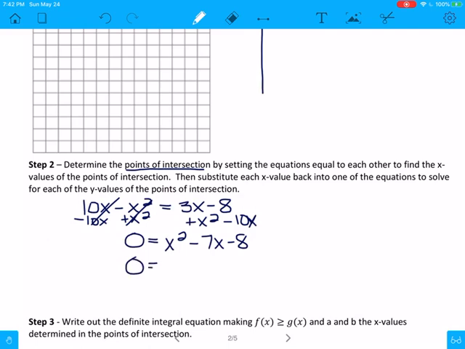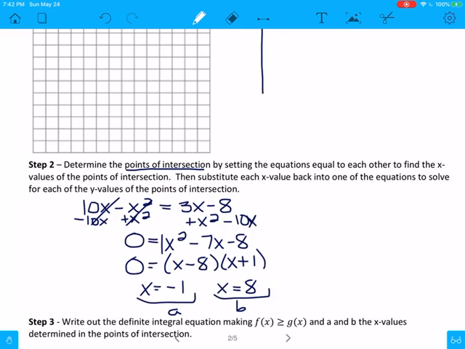Then what multiplies to negative 8 and adds to negative 7? That's x minus 8, x plus 1. I don't have to do decomp because this particular equation has a 1 x squared. And then when I solve them out, I get x equals negative 1 and x equals 8. And this is my A, and this is my B.